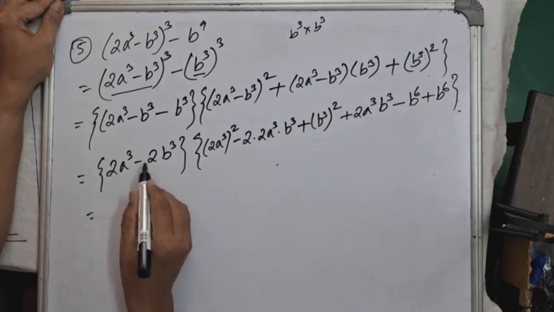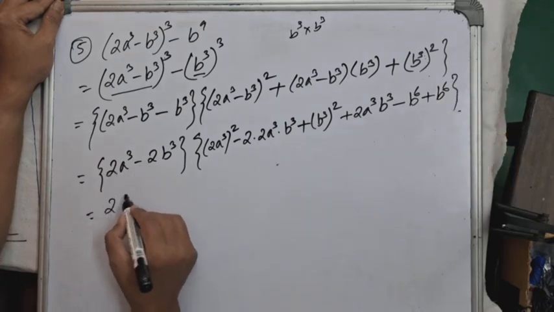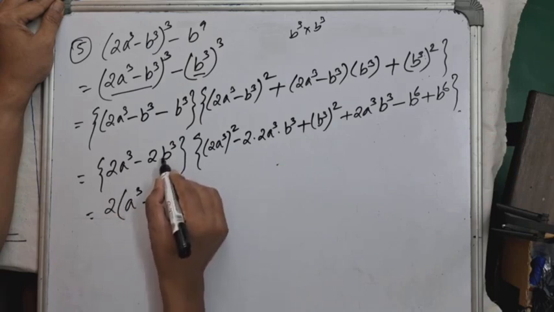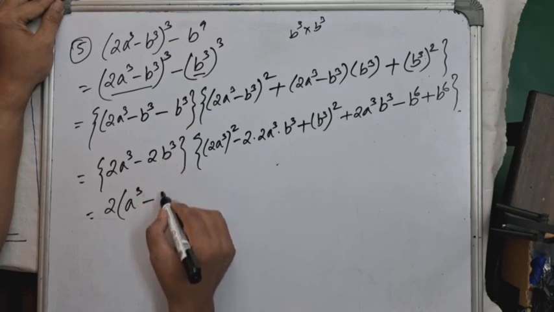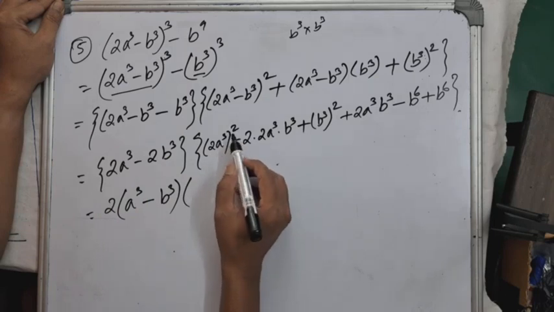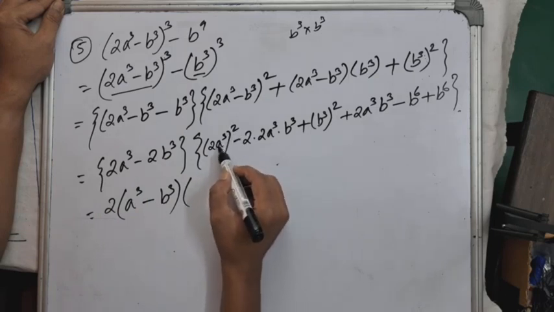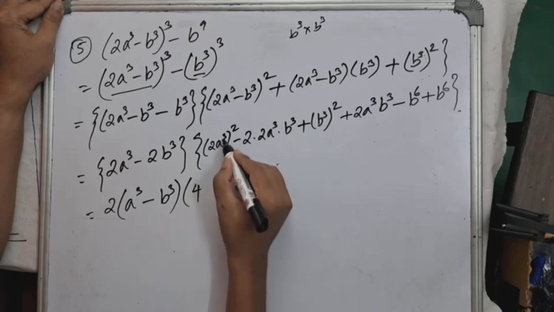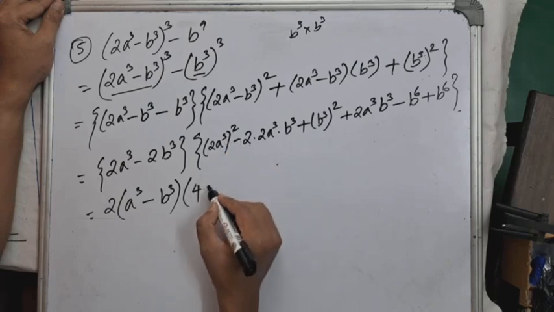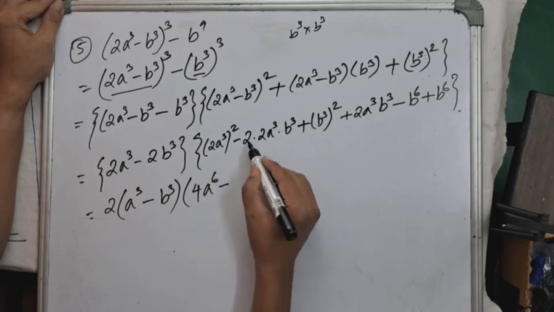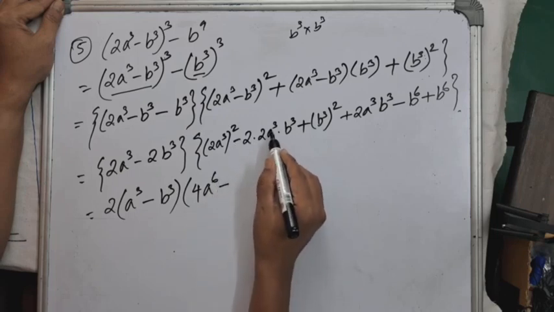So this 2 and 2 we take as common. Within the bracket we have a cubed minus b cubed remaining. Here we have 2a cubed whole square, so this square is for both the numbers 2 and a. 2 squared is 4, a cubed square means 3 2s are 6, a to the power 6. This minus we write here, 2 2s are 4, a cubed b cubed.